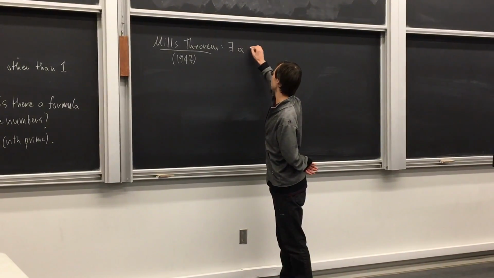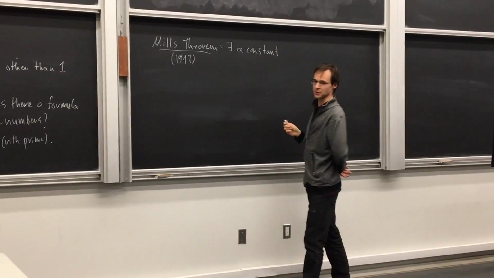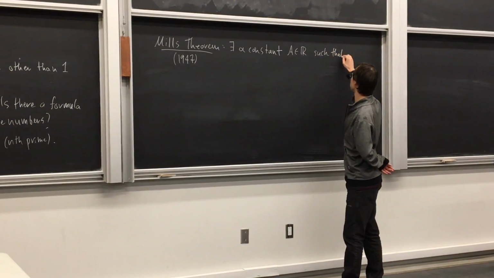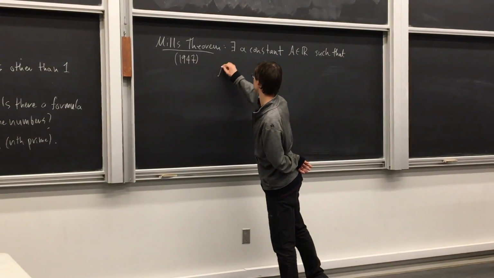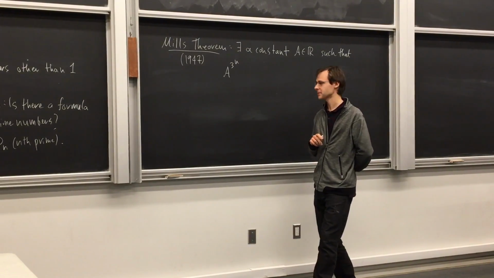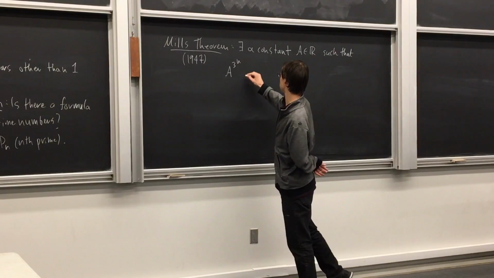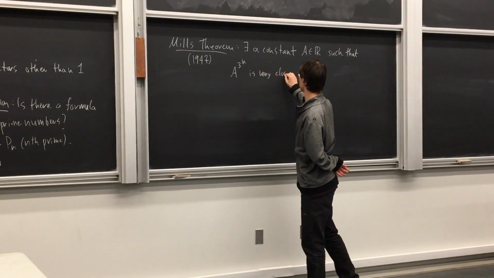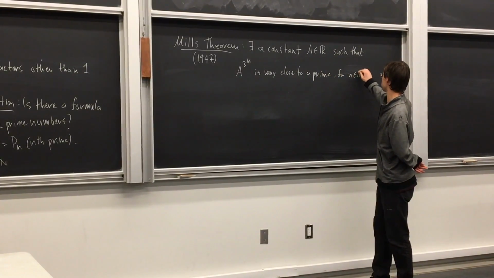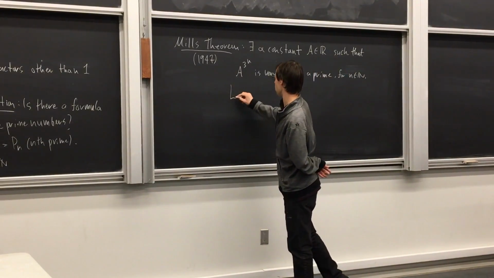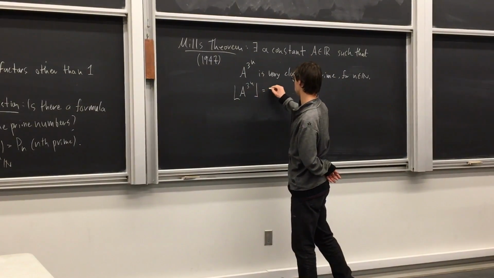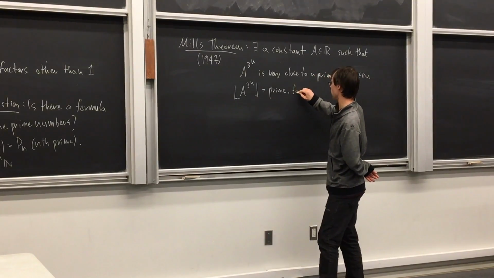There exists a constant, called Mills' constant, A, in the real numbers, such that if you compute the quantity A to the 3 to the n for any natural number n, you get a number that's very close to a prime, in the sense that if you take the floor of this number, so you round it down to the nearest integer, you get a prime for every n.